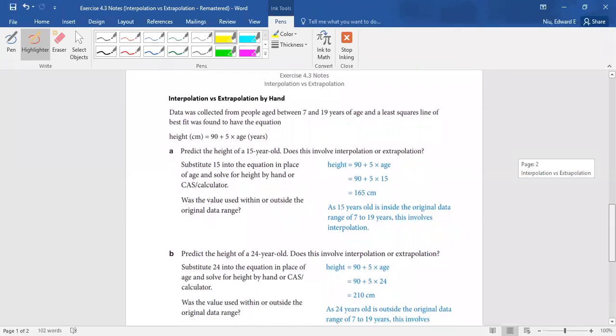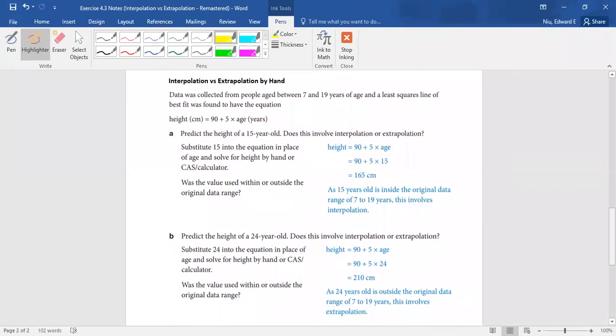How do we calculate all this by hand? Well, if you were to go by hand, it's just back to the algebra days where we substituted the values in. So if this is our formula here, we've got height, and then we've got age. Those are our two variables. Height is our response variable, age is our explanatory variable.